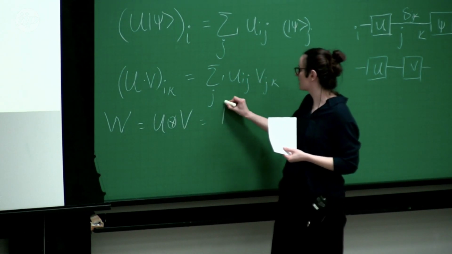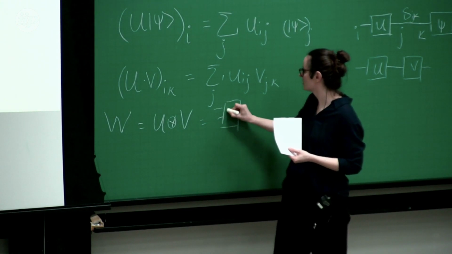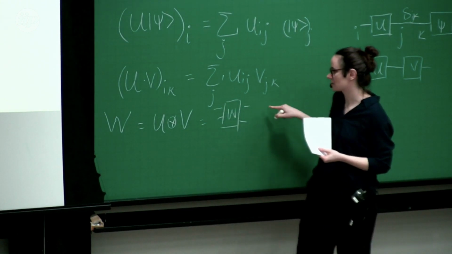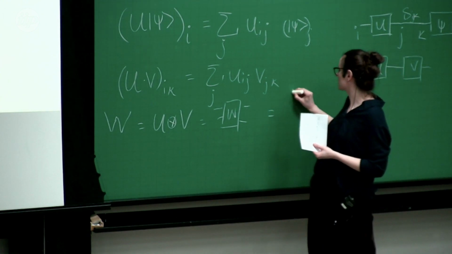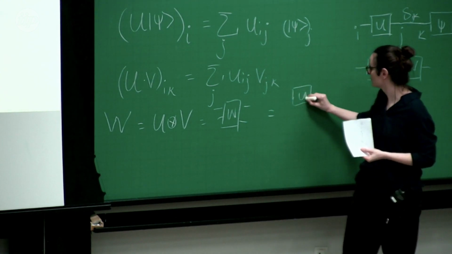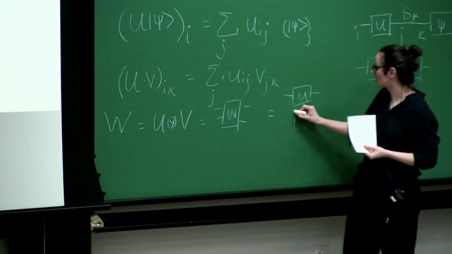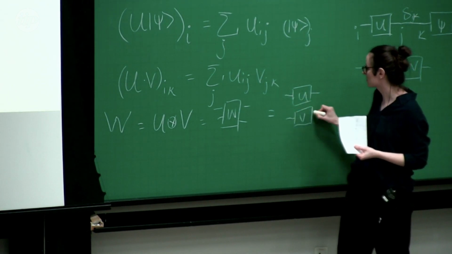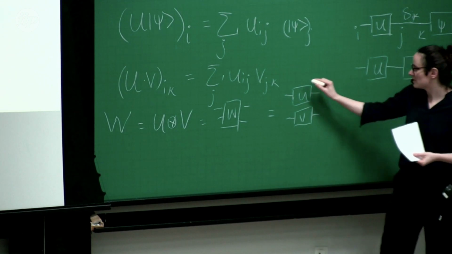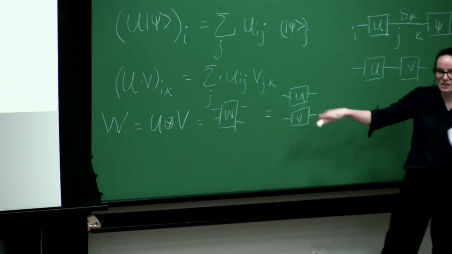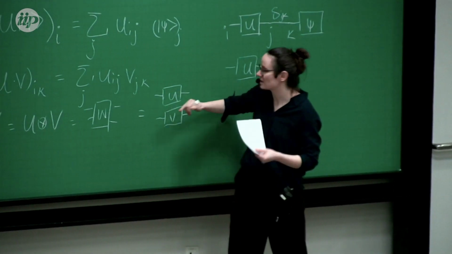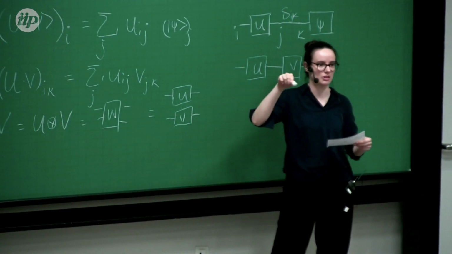Then we would write that, as I just told you, an operator with 2 legs on the right and 2 legs on the left. But we have a specific structure here, so we can just write our U in the top part and then our V on the lower part. And this means that there is actually like a tensor product in between this, which we will never write. So if we have 2 operators over each other, there's always a tensor product in between them.